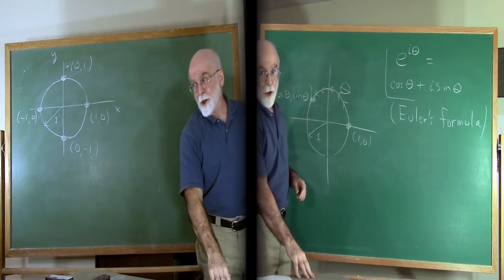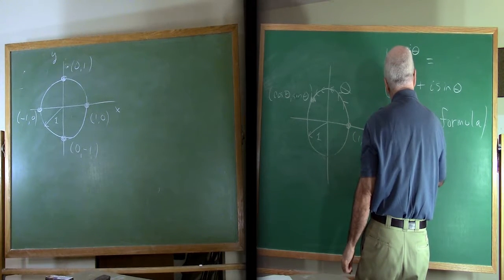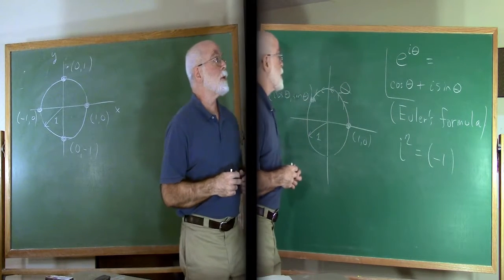And we might as well include on our picture a reminder of what that letter I means. I squared equals negative 1.